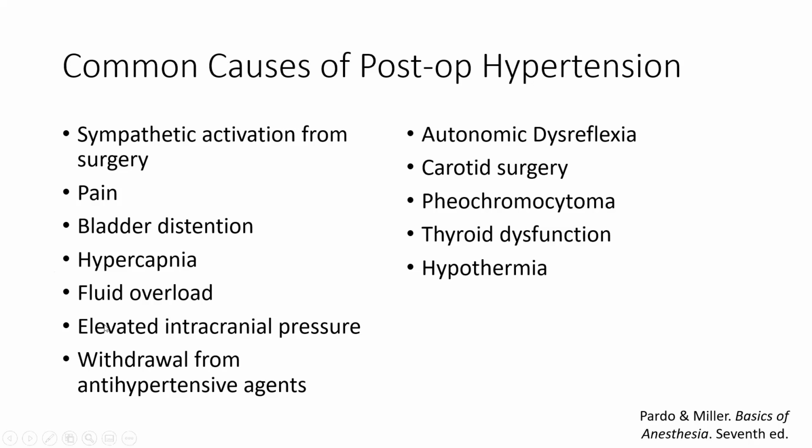And I won't go through the physiology of this, but in patients with elevated intracranial pressure, it directly correlates with mean arterial pressure. So if you have higher intracranial pressure, you're also going to have higher mean arterial pressure.